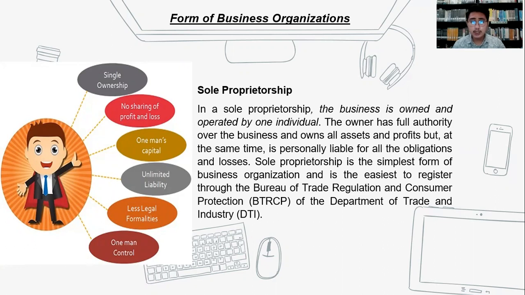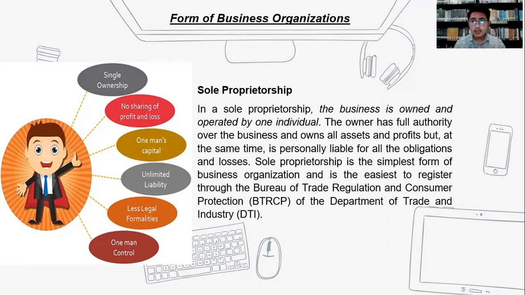And sole proprietorship is the simplest form of business organization and is the easiest to register through the Bureau of Trade Regulation and Consumer Protection, which is the BTRCP, of the Department of Trade and Industry. So sinabi po dito na ang sole proprietorship ang pinakasimple at pinakamadaling ma-register because of course, since solo lang naman ikaw, okay, you're the only one, you don't need to get the opinion of other people about your business.